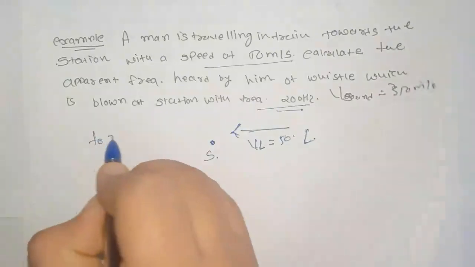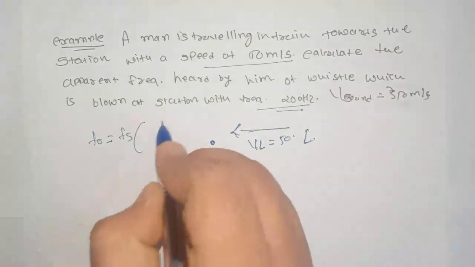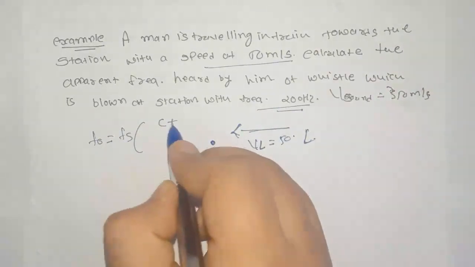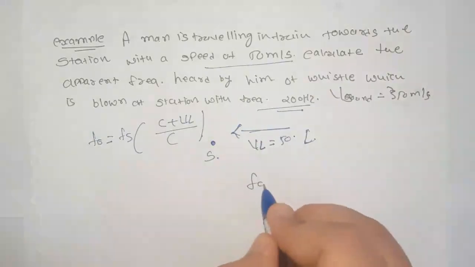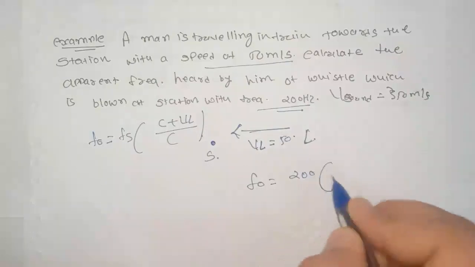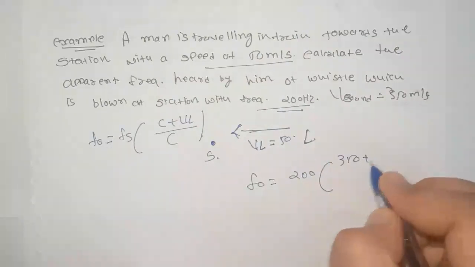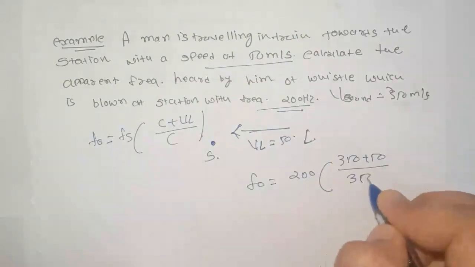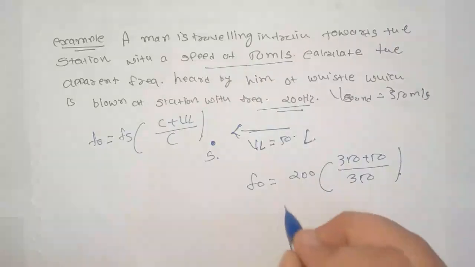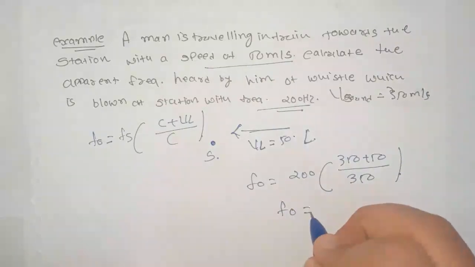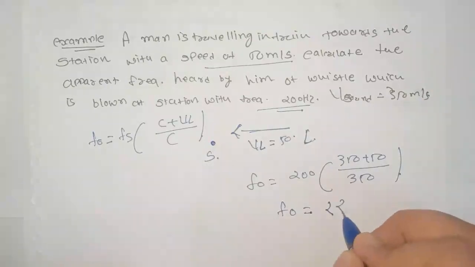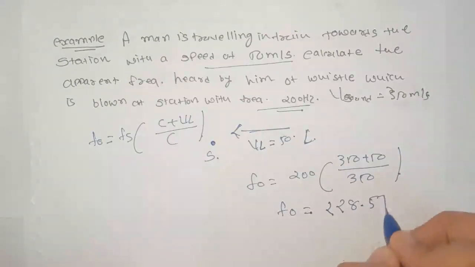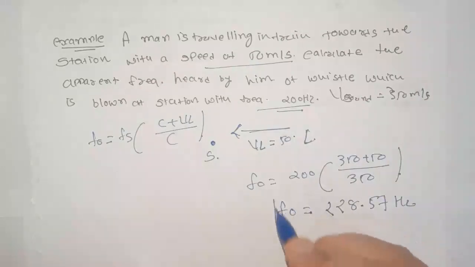So frequency observed will be Fs into C plus VL divided by C. So FO will be 200 into 350 plus 50 divided by 350. Simplify this, we will get FO is equals to 228.57 Hz.